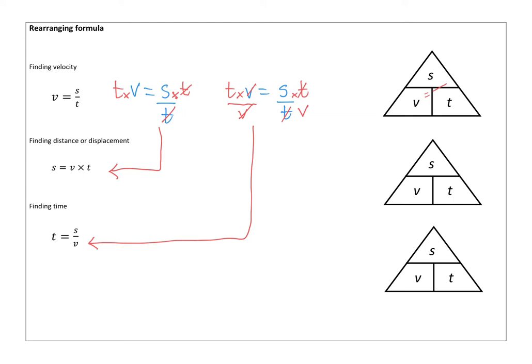Now, if you use the triangle, the theory is, well, if you want to know what T is, well, T is equal to S over V. And if you want to know what S is, well, S is equal to V times T.